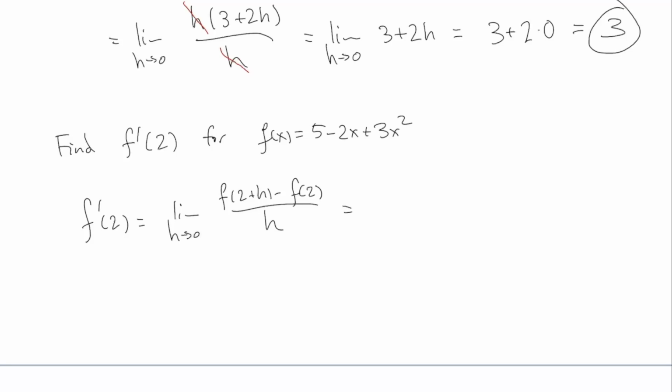All right, anybody want to shout it out? What is f of 2 plus h? I know some people did this one, or even if you didn't, someone want to say it loud? 5 minus 2 parentheses 2 plus h, plus 3 parentheses 2 plus h squared, and then parentheses that whole thing minus 5 minus 2 parentheses 2, plus 3 parentheses 2 squared, and parentheses.